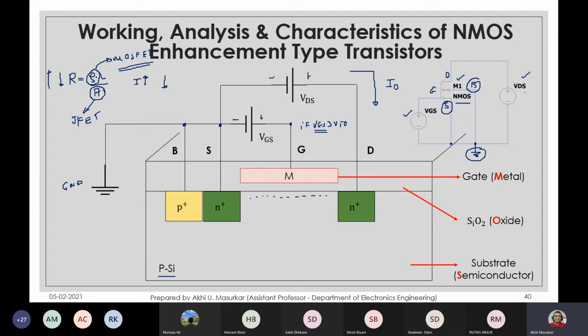So please show these connections. Only what is expected is connections. That's it. Now we have to do three cases. Case 1, case 2 and case 3.